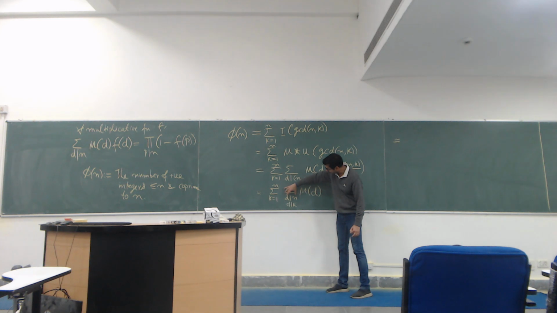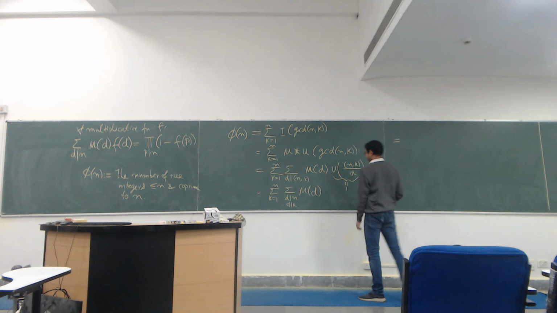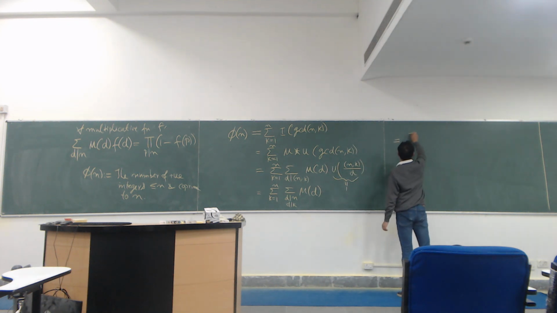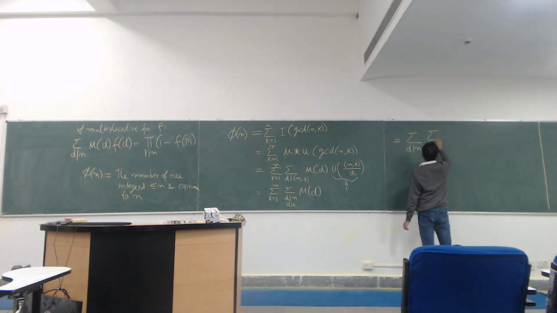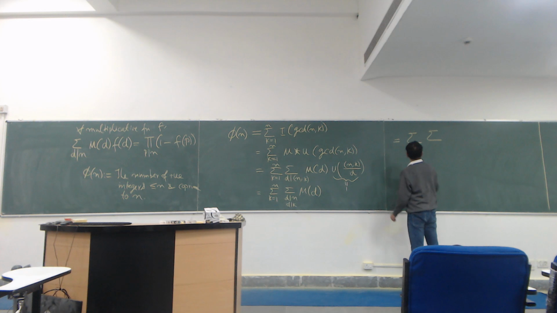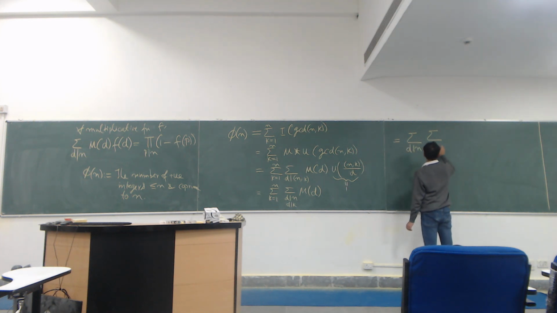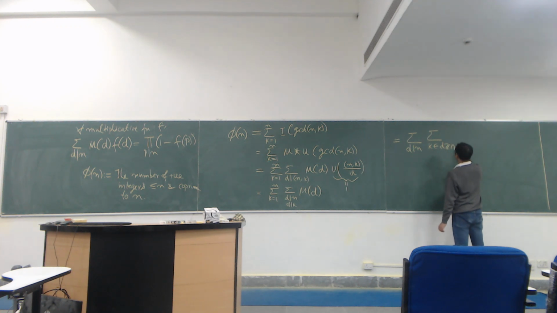If you fix d dividing n, k will be a multiple of d, exactly, you're looking for the multiples of d. So things in dZ intersection the integers from 1 to n.